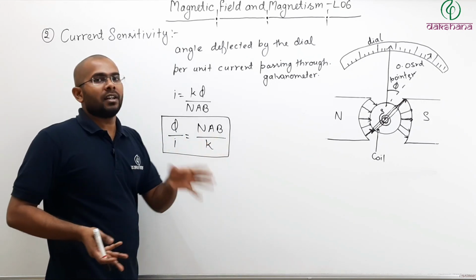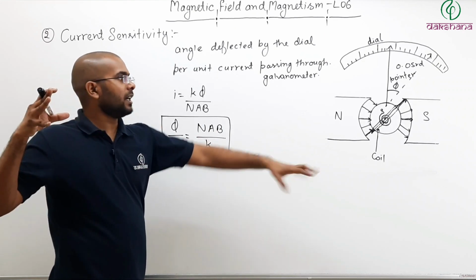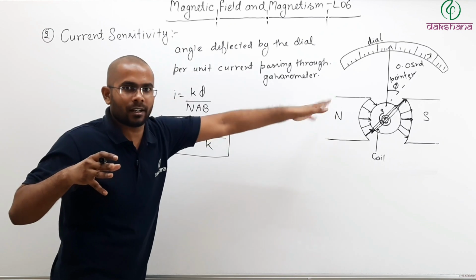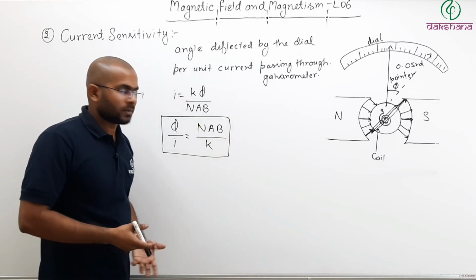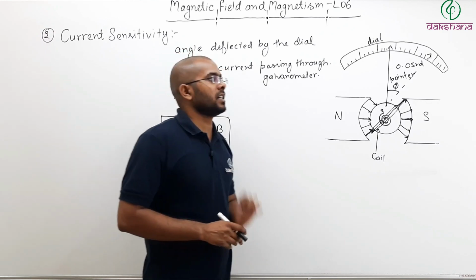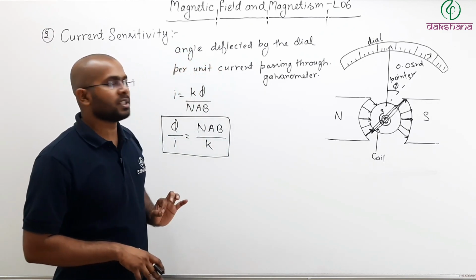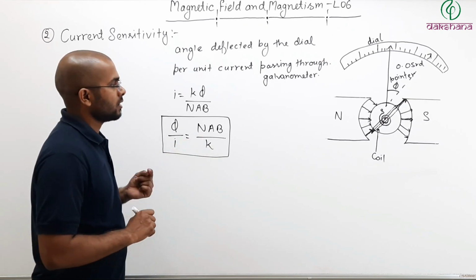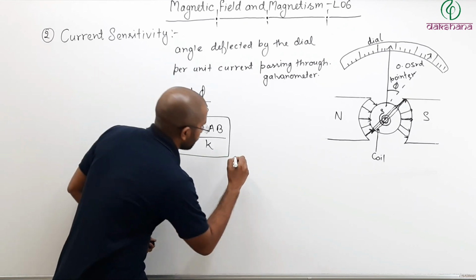High magnetic field will also be a problem, because we will need bigger magnets, bigger coil and all that. So generally if we want to increase the sensitivity, we increase the number of turns in the coil. So you can write this as a note.